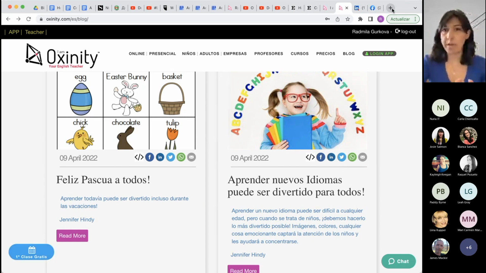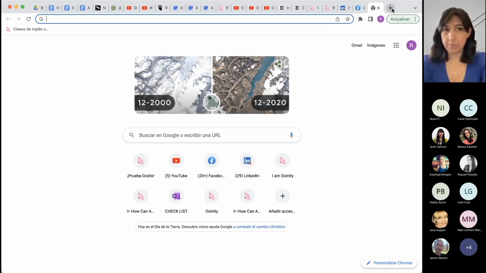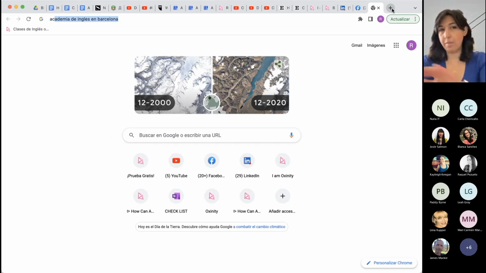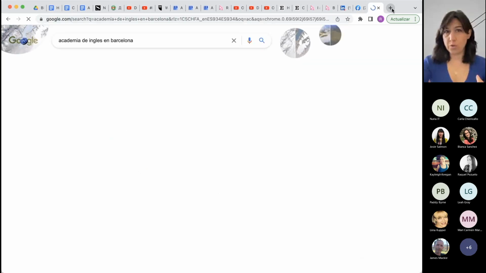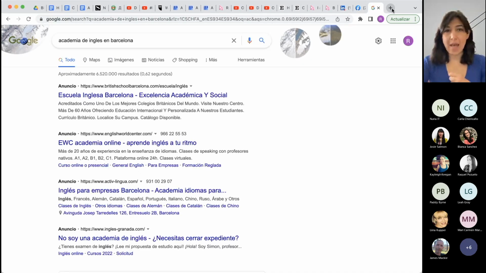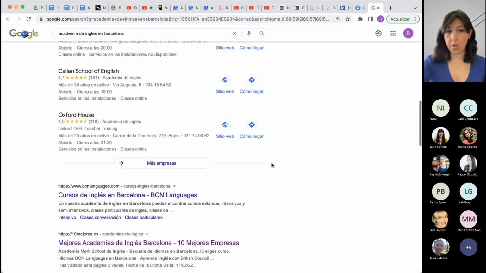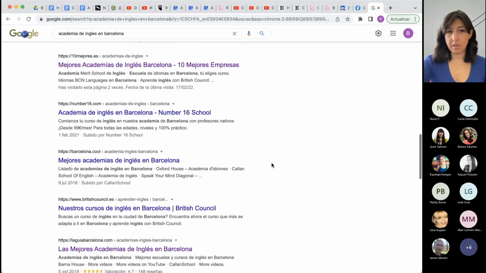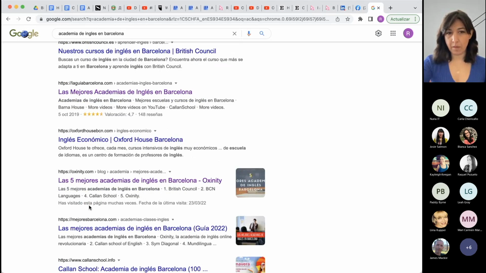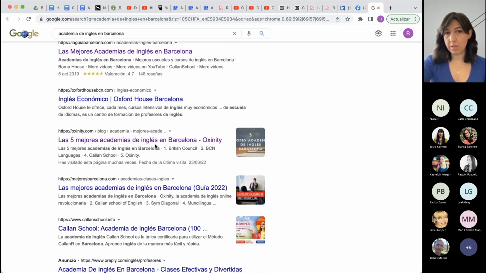In this way, when I type Academia Inglés, my favorite example, but it is true, this blog post is absolutely amazing. When I write these very relevant keywords, our colleague is here, page 1, along with the best, with sites that pay a lot of money to Google to be positioned first.